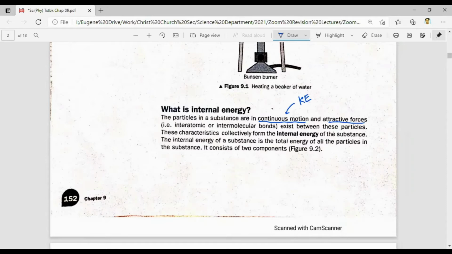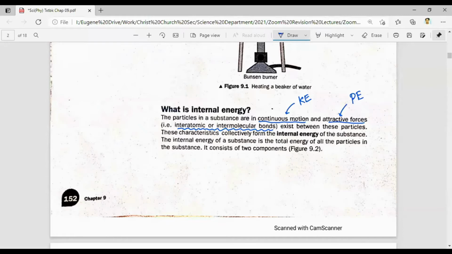The attractive forces are like a stored energy, so that's the PE, or potential energy. These attractive forces are the interatomic or intermolecular bonds. The KE and the PE add up to what we call the internal energy.